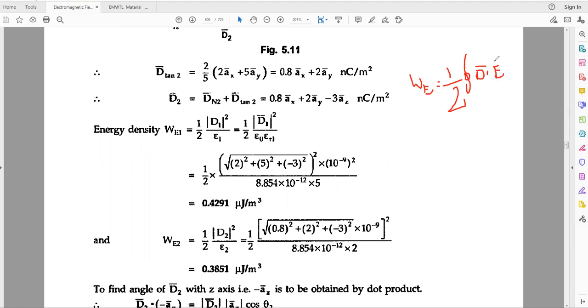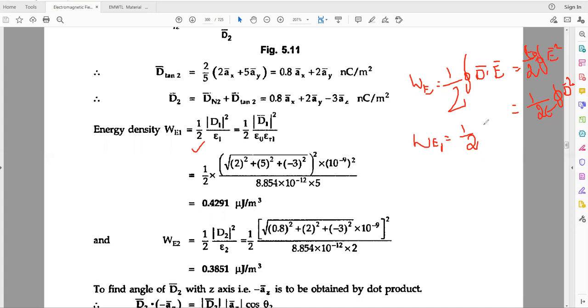If it is a magnitude only, WE is equal to 1 by 2 integral of epsilon E bar squared, and in terms of D, it is also equal to 1 by 2 epsilon integral of D bar squared. That is what we are using here.